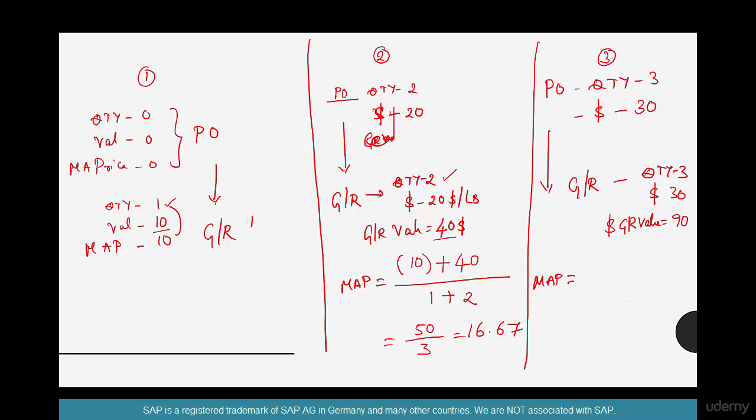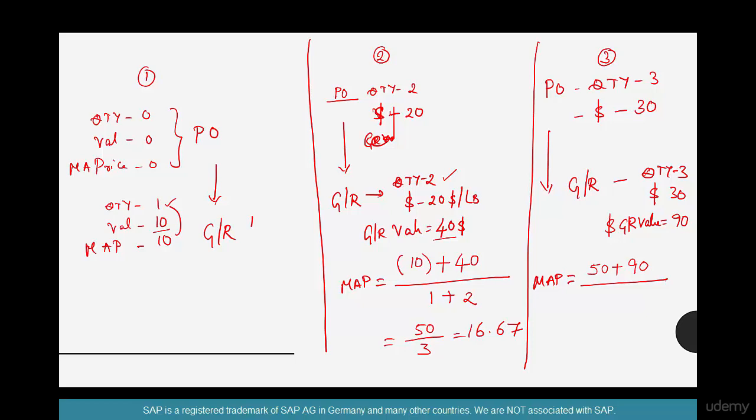Now let's calculate the moving average price again. The moving average price is the current value. What's the current value? The current value is $50. Plus what's the new value? 90.